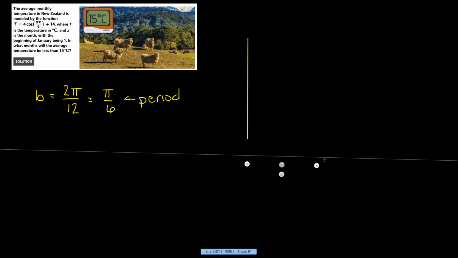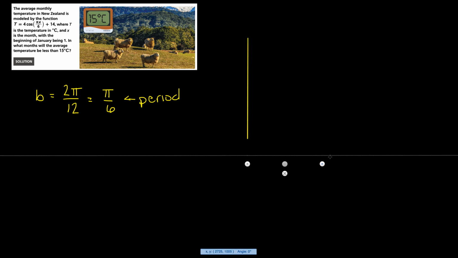Okay, so now we're going to solve. New Zealand is in the southern hemisphere. So bringing that into account, the southern hemisphere is in summer when we hit January, and winter when we hit June.